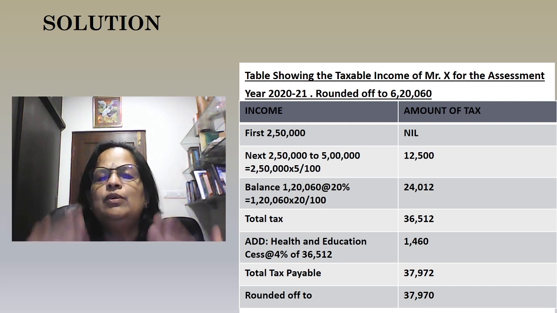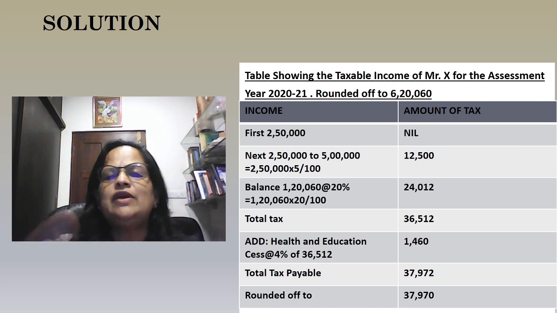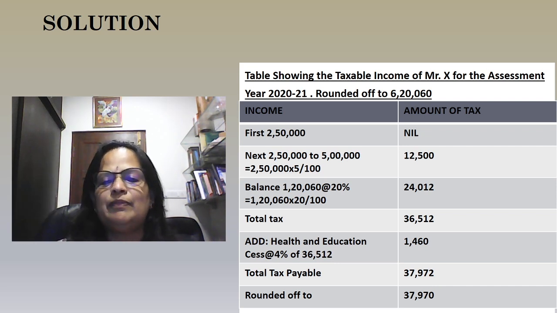The next value is 1,20,060, meaning 6,20,060 minus the 5 lakhs up to which you calculated the tax liability. So that value is 24,012. Now calculate the total tax: 12,500 plus 24,012, you get 36,512.